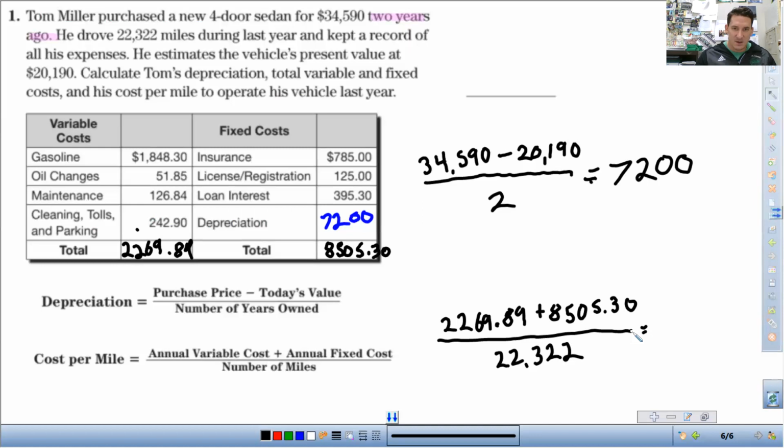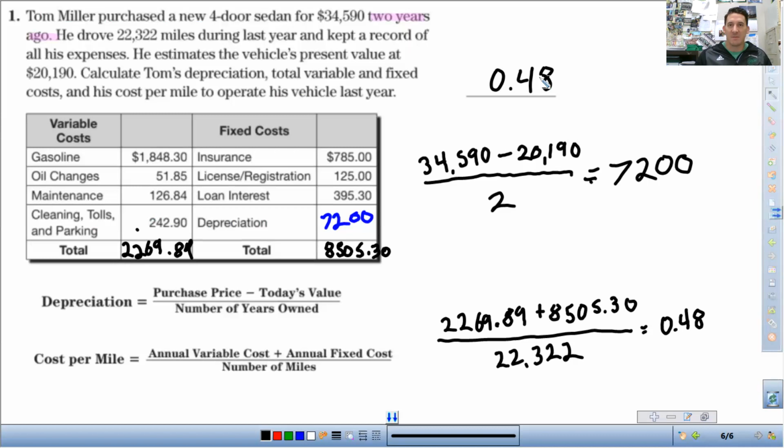Let's add that together: 2,269.89 plus 8,505.30 is 10,775.19. Then I'm going to divide by 22,322. That comes out to about 48 cents per mile. So almost 50 cents for every mile he drives was the total cost of the vehicle.